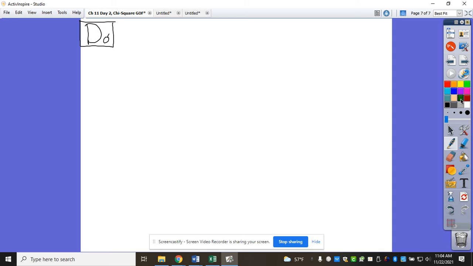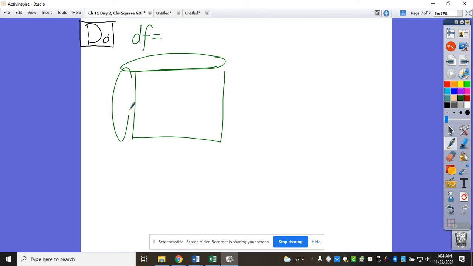What was the first thing I wrote yesterday up here? Degrees of freedom. How did I find degrees of freedom yesterday, Friday? I have this minus 1 and this minus 1 and multiply them together. But how is that going to be different today? I only have one direction.